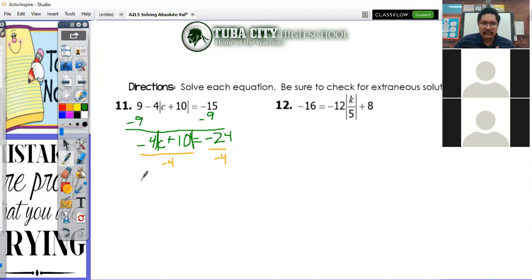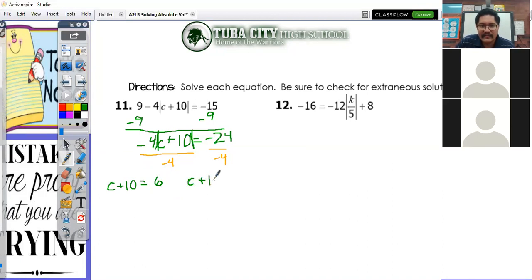Since this one's going to take a few more steps, I am going to create my 2 cases now. So C plus 10 equals negative, and negative is going to be positive. Okay, so I guess I'll do my regular case first. Now I'll do my negative. It doesn't really matter.